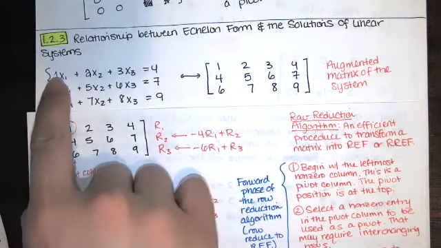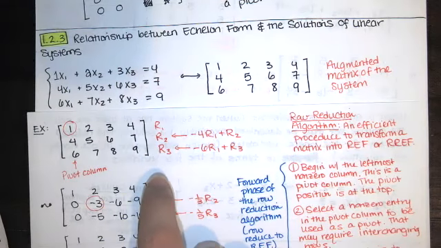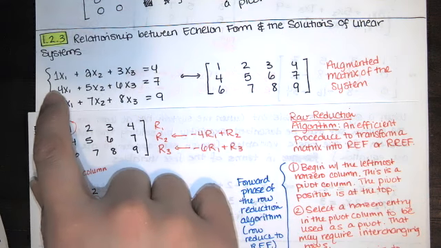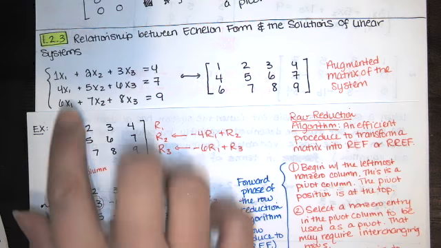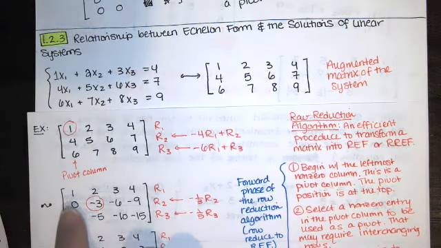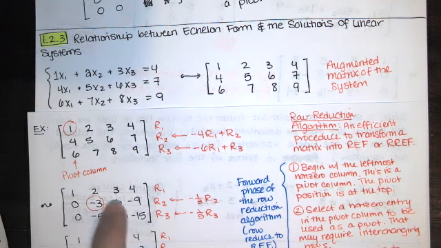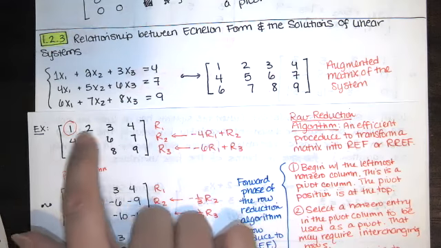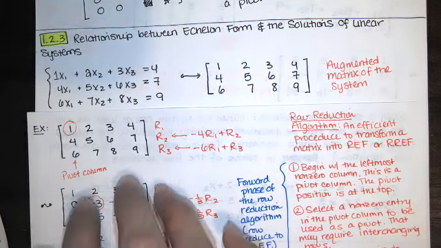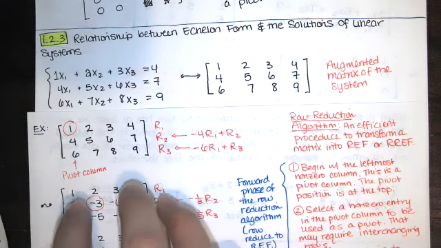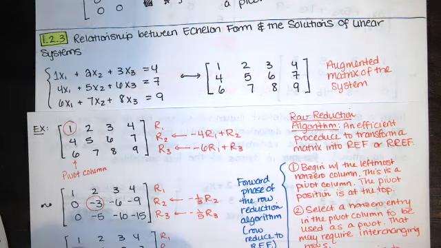So if I took this first equation and multiplied it by -4, and then added that result to the second equation, I would get an equation with the coefficients and right-hand side listed right here. So this row resulted from taking the first row, multiplying it by -4, and adding it to the second row. That corresponds to doing the same to the equations.